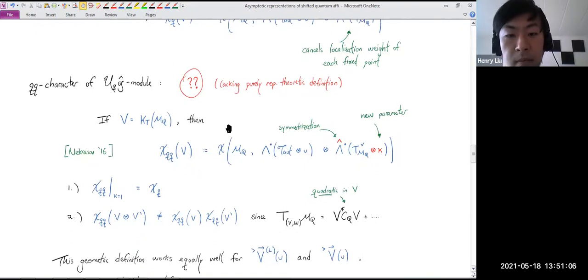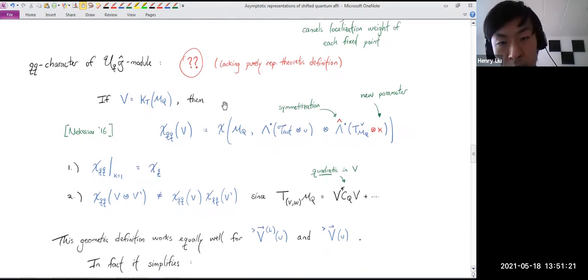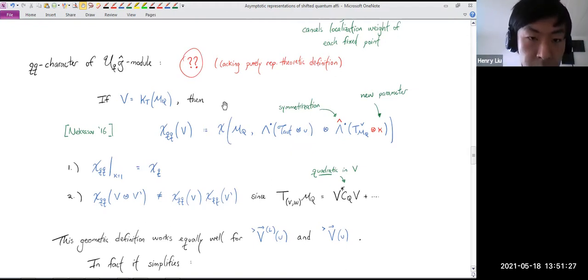But all that it really does is it twists everything by a square root of the determinant of whatever's in here. Okay, so it's a mild twist, but it really helps with things. Anyways, not so important for this talk. Okay, so that's what a QQ character is for these K-theories of Nakajima quiver varieties.